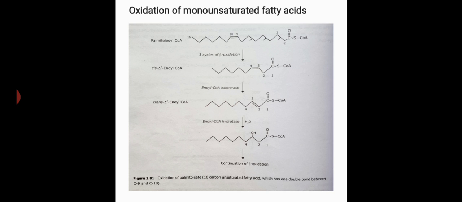Therefore, another enzyme, enoyl coenzyme A isomerase, first rearranges the cis delta 3 double bond to a trans delta 2 double bond, which then proceeds normally through the usual beta oxidation pathway.